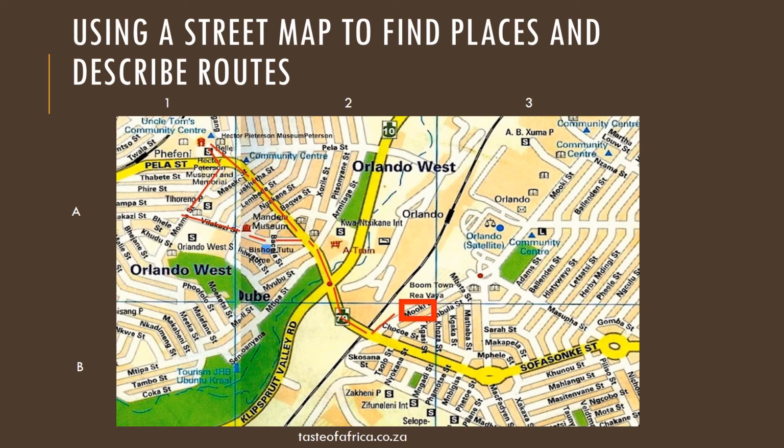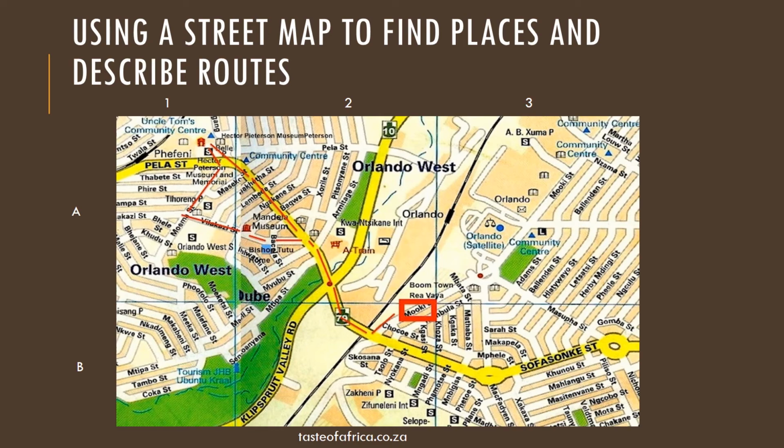On block B1, we have a tourism center which is called Ubuntu Crawl. We have Mika Street, Malifane Street, Nkadimeng Street, Mtipa Street, Tambo Street, Koka Street. On block B2, we have a main road that is called Klipspruit Valley Road. It's yellow.